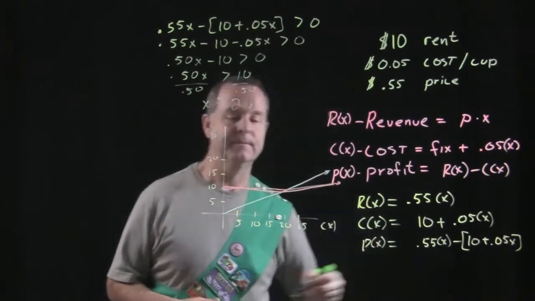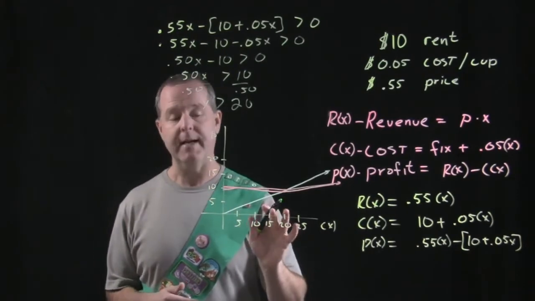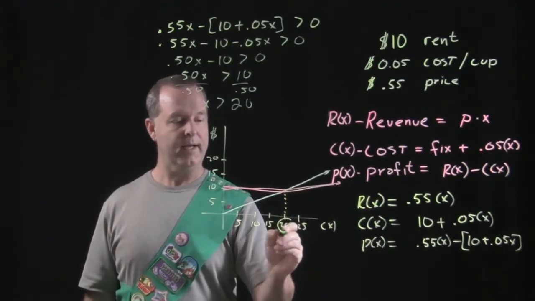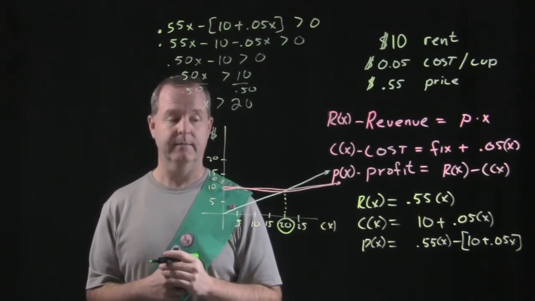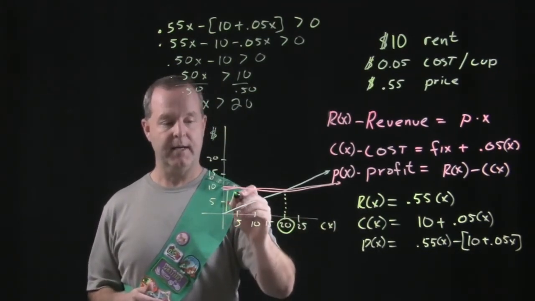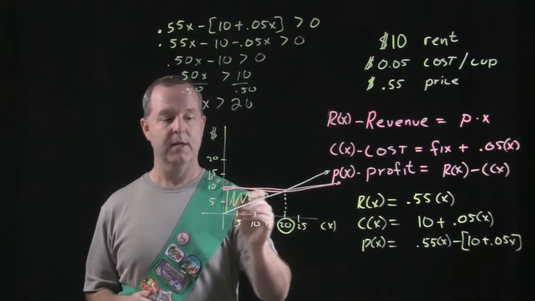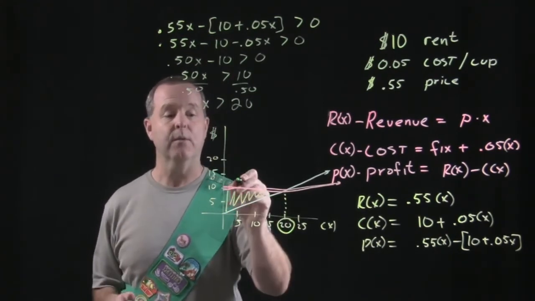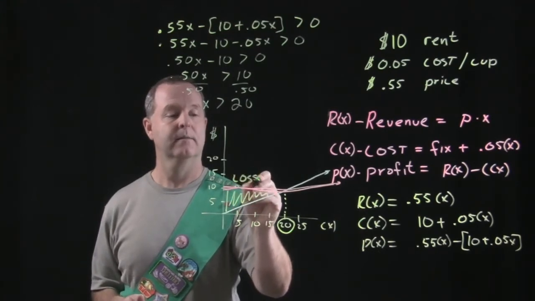What I wanted to illustrate is that right here at 20 is a break point. All this space right here represents a place where the cost is greater than the revenue, which means we're not making money, which means we have a loss.